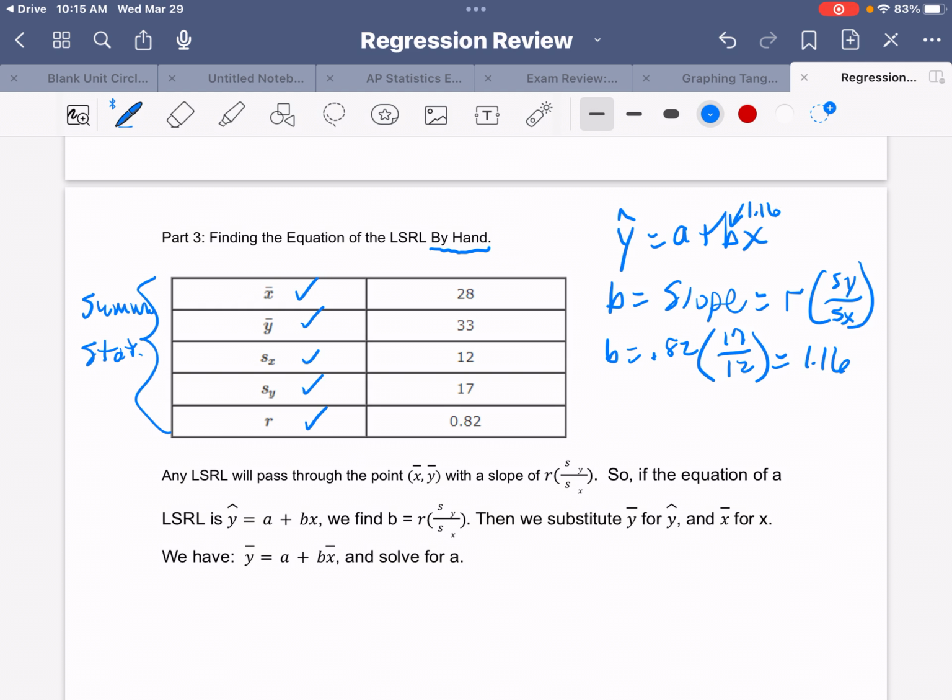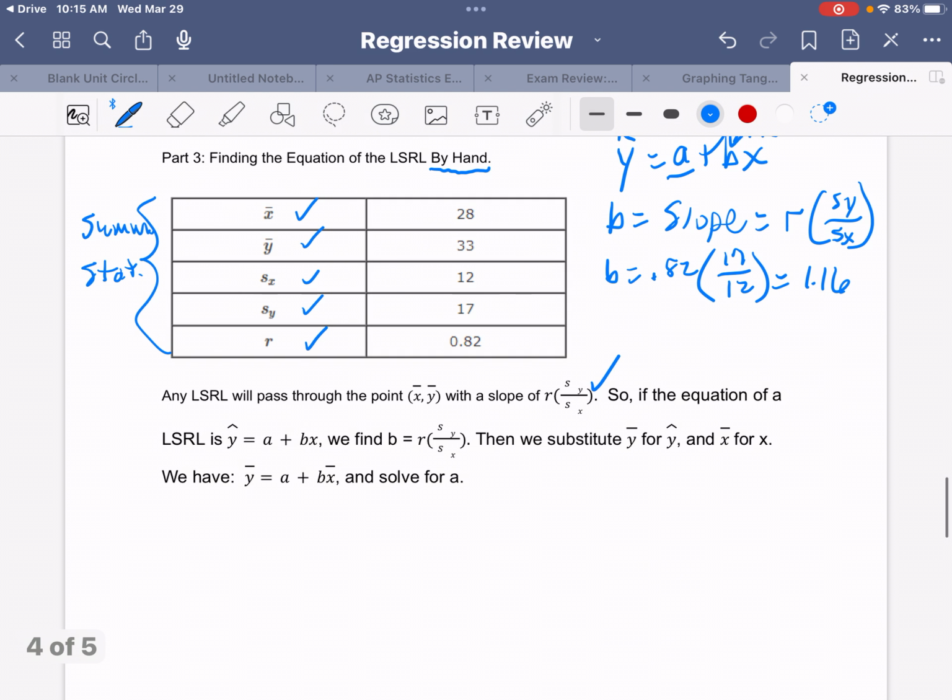But we still need to find the value of a. We found the slope, so now here's what you do. You take y hat equals a plus 1.16x, because you know the slope now. And then you substitute y bar for y hat and x bar for x.